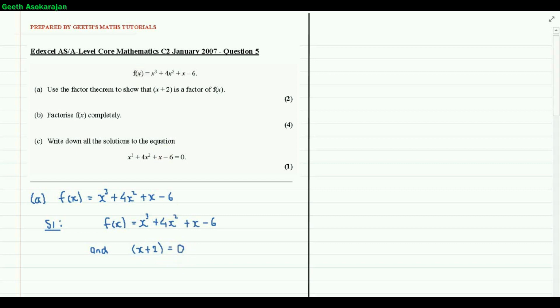So let me take a red pen. This is always equated to 0 as a part of the factor theorem or remainder theorem method. And if I rearrange, taking the plus 2 to the other side, the x value gives us minus 2.